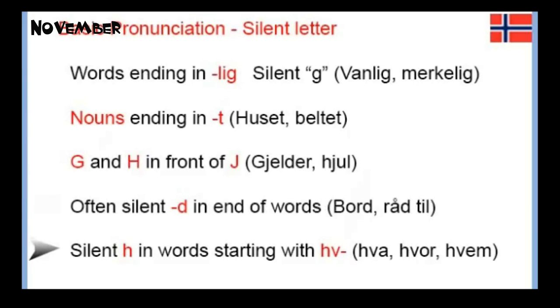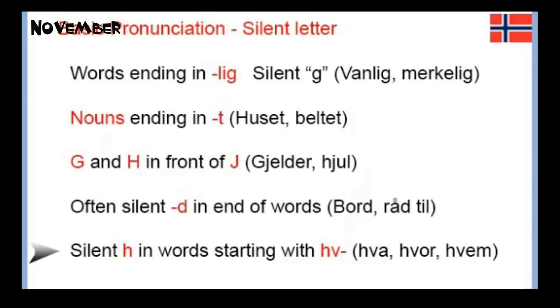Finally, silent H in words starting with HV. You will meet this a lot, because the Norwegian question words start with HV, the equivalent of the English WH. These words are pronounced hva, hvor, hvem, which mean what, where, and who.